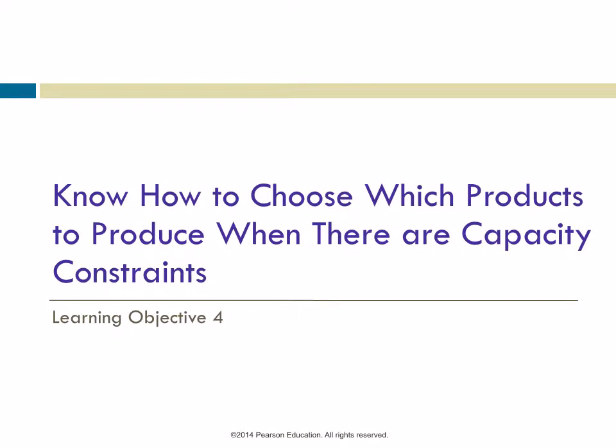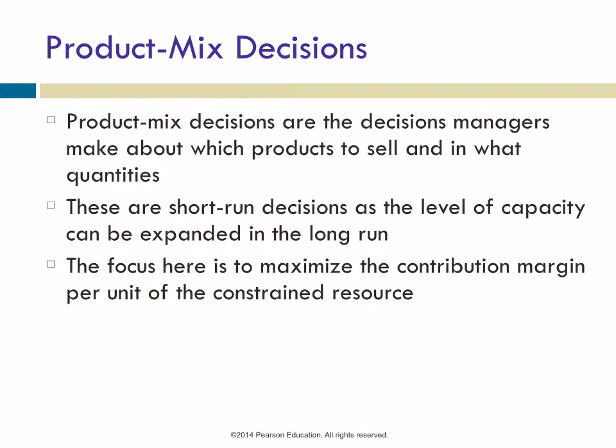So this next learning objective basically comes down to product mix decisions. This is when you only have a certain amount of capacity, and the demand is such that you're going to end up using all of your capacity one way or the other. This is a situation where you have two or more products that you are manufacturing.